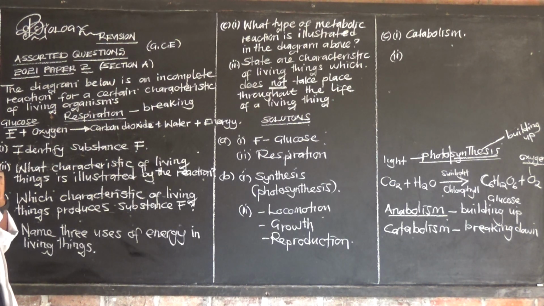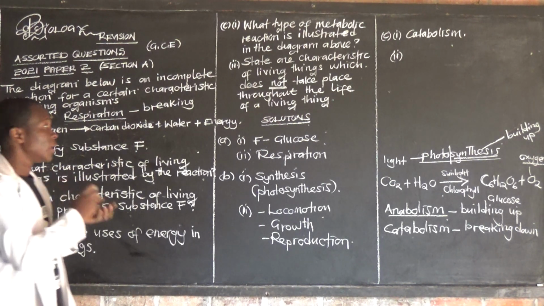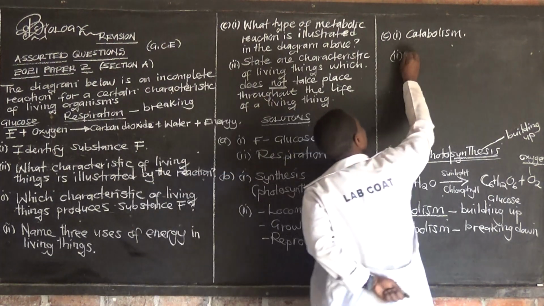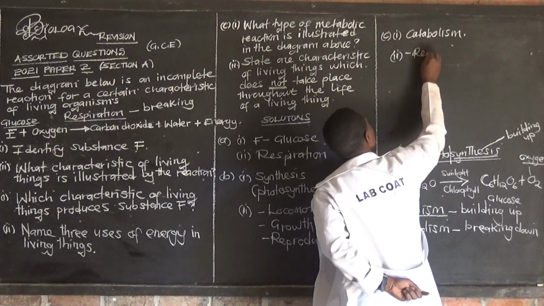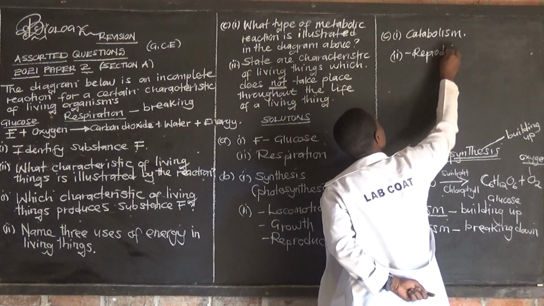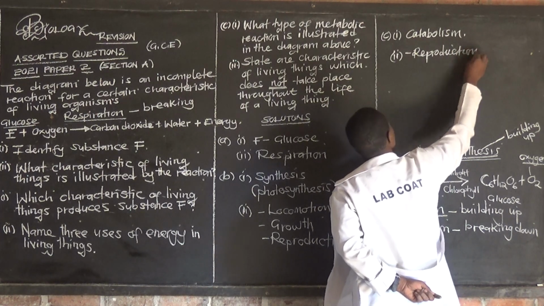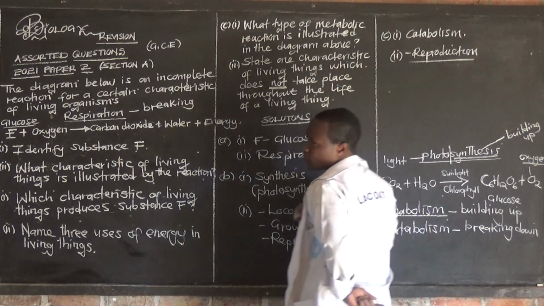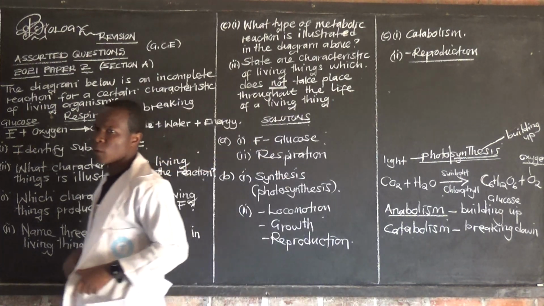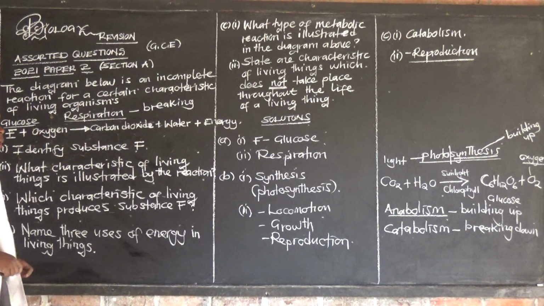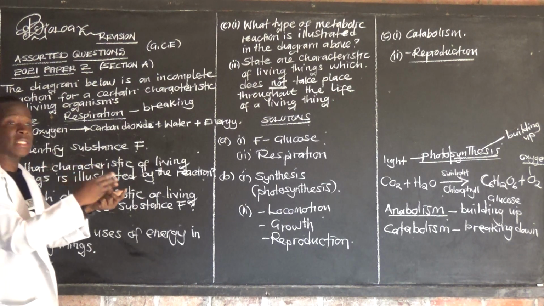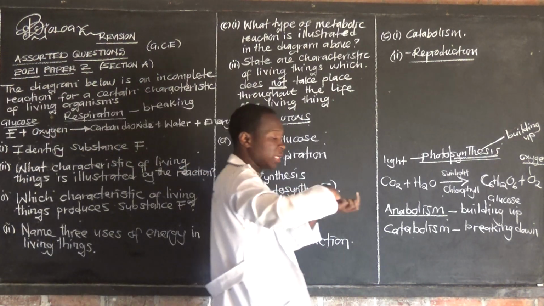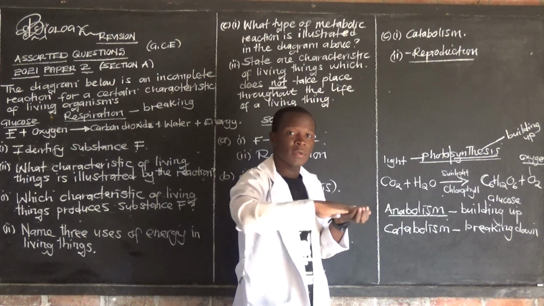Even you are going for reproduction right now. Let me write reproduction as the best answer. Now, I'll give an example in women. Their fertility starts from puberty and ends at menopause.